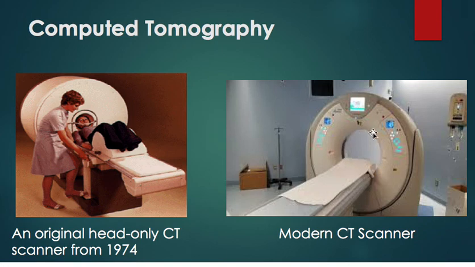The hole is much bigger, so we can fit all of the anatomy in there. Obviously, we've got an LED display and a lot more buttons. This one used a manual foot pump to move it. We've also got over here a power injector for the contrast medium that we use. So, a big difference between the original head scanner and the modern CT scanner.